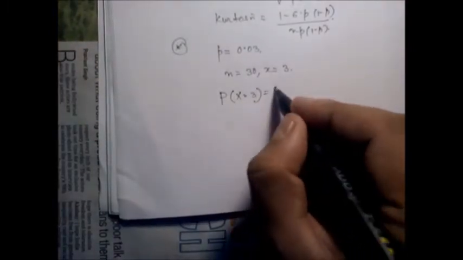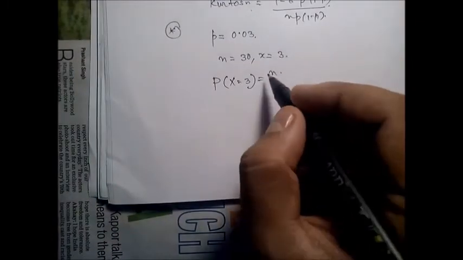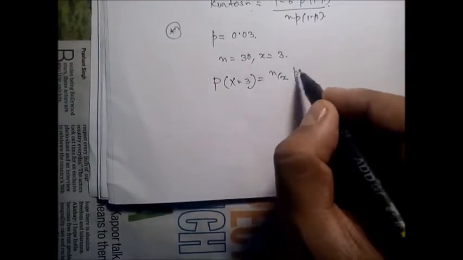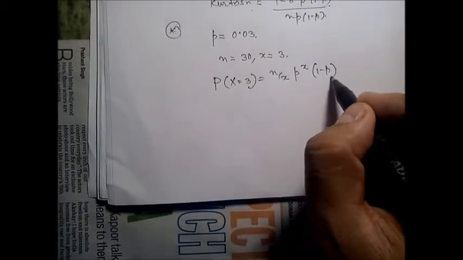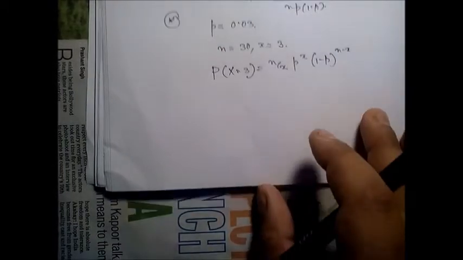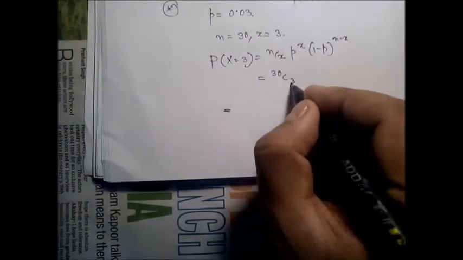The formula, as you already know, is nCx p to the power x, (1 minus p) to the power n minus x. Now n is 30, so 30Cx, where x is 3.